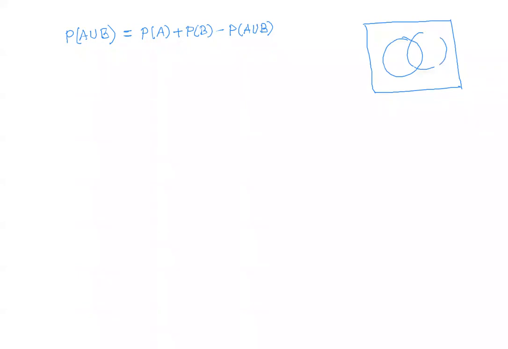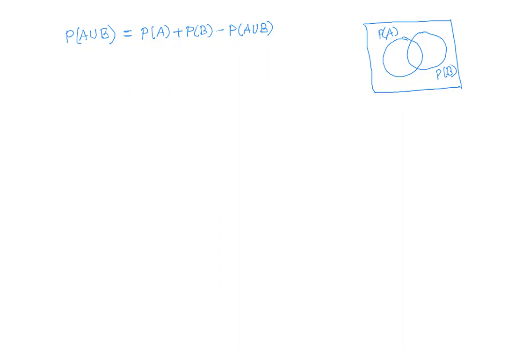This is event A, or probability of event A, I'd say. And this other circle area represents probability of event B. So area A and area B: left circle, probability of A; right circle, probability of B.